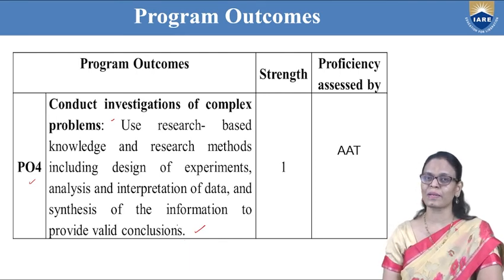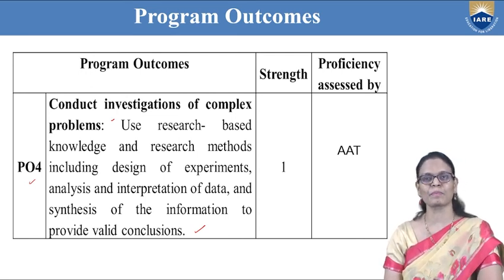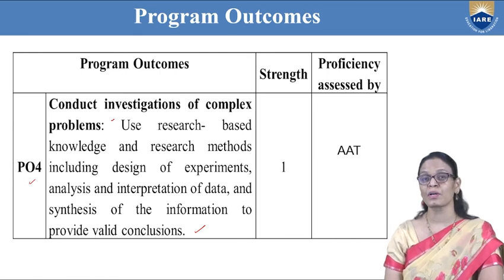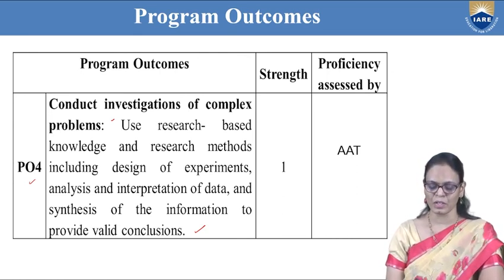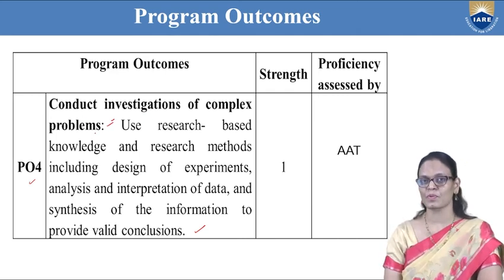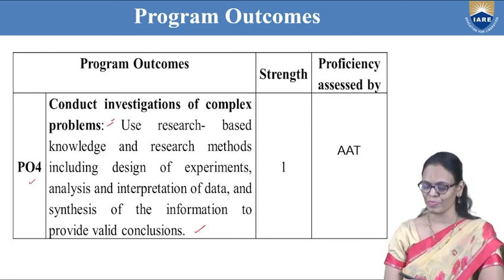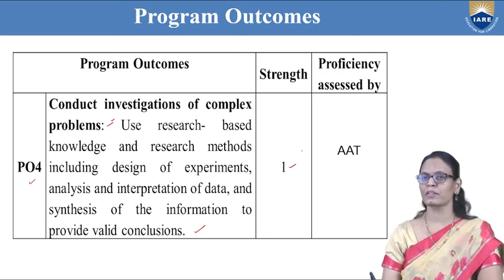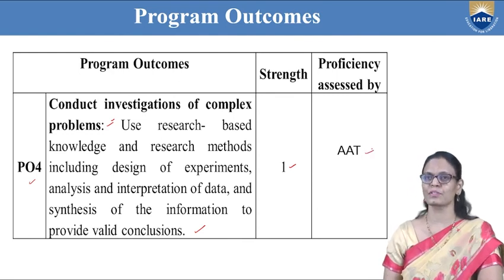All this is done through the various experiments they are doing, be it the Hall effect experiment, the Davisson and Germer experiment or the Newton's rings experiment. Through these experiments, they are able to understand how investigations are conducted on complex problems. So this course is also contributing to PO4 and the strength is 1. And the proficiency is assessed through AAT, alternate assessment tools.